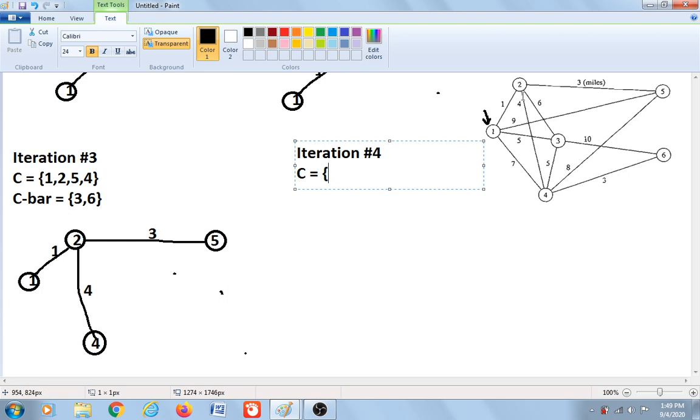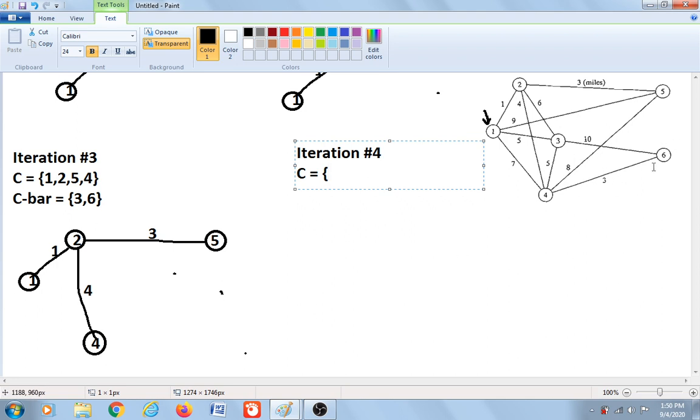From 2 to 3, that is 6. From 2 to 6, there is no connection. From 5 to 3, there is no connection. From 5 to 6, there is no connection. From 4 to 6, that is 3. From 4 to 3, that is 5. So the lowest is this one, 3.